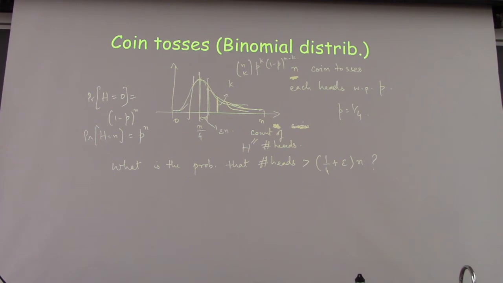That's why this is called the binomial distribution, by the way, because this is just a binomial coefficient times the appropriate probability, for those of you who recognize that. So we know the probability for every k. You can just compute this, as the sum over k bigger than or equal to n times (1/4 plus epsilon) of this quantity.